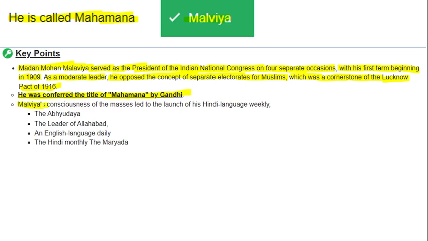Madan Mohan Malviya's consciousness of the masses led to the launch of his Hindi language weekly, the Abhyudaya, the Leader of Allahabad, an English language daily, and the Hindi monthly, the Maryada.